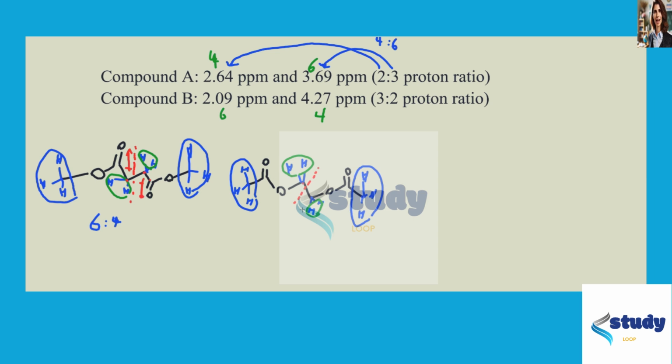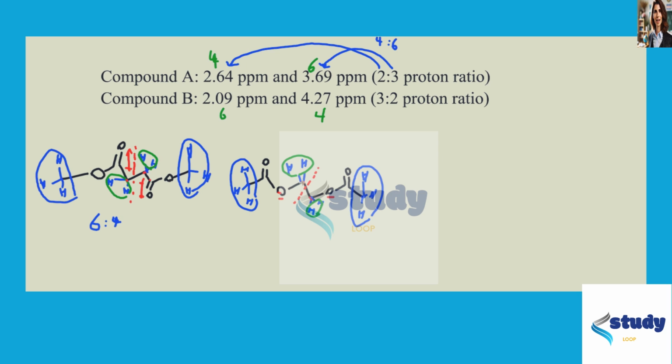So now let's look at these 2 protons. These 2 protons are bound to a carbon that's directly bound to an electronegative atom here. And these 2 protons are directly bound to an electronegative atom here. So remember, protons that are directly bound to an electronegative atom will be more downfield shifted.